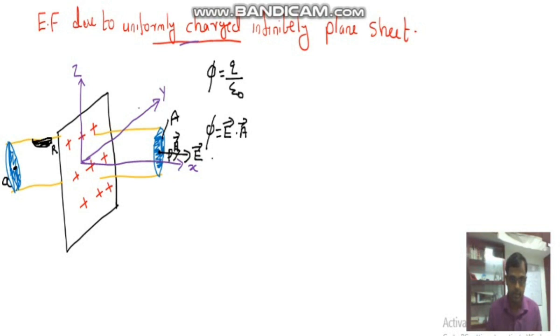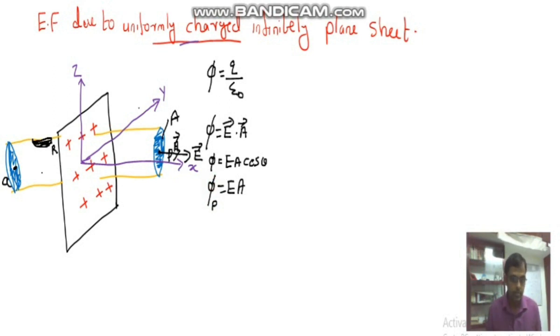So I can write phi is equal to E dot A, that is EA cos theta. What is theta here? Both are in the same direction, so theta is equal to 0. So phi is equal to E into A. So the flux passing through the point P is EA.